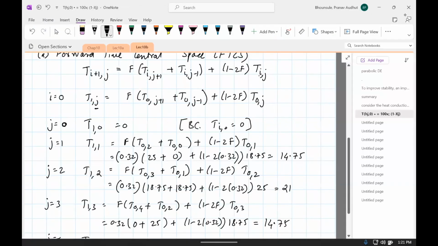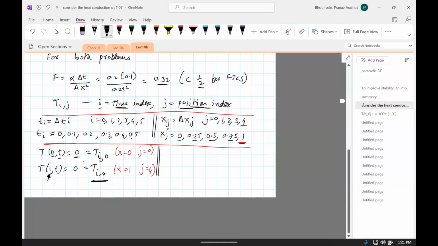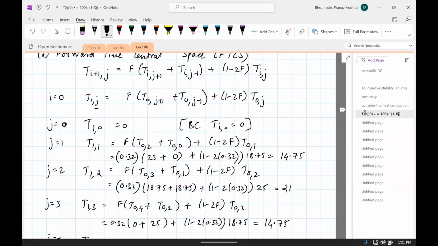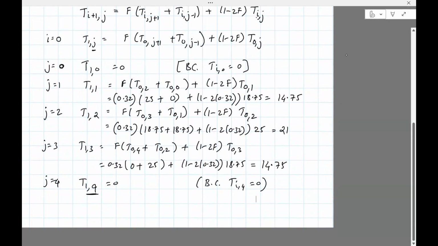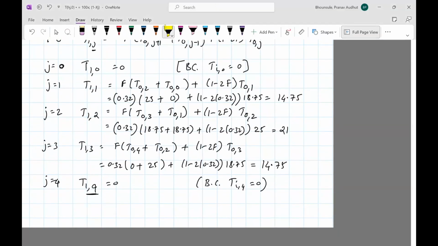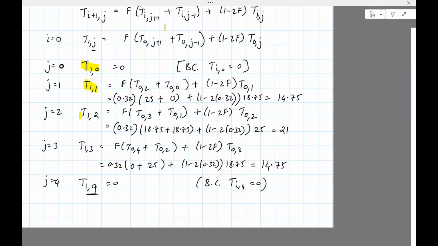If you go back, you can see Ti,4 is 0, where i can take any index. So this would be 0. So this is the boundary condition, Ti,4 equals 0. Okay, so by doing this, we've essentially solved for the temperature profile at the next time step, where i equals 1 corresponds to t equals 0.2.